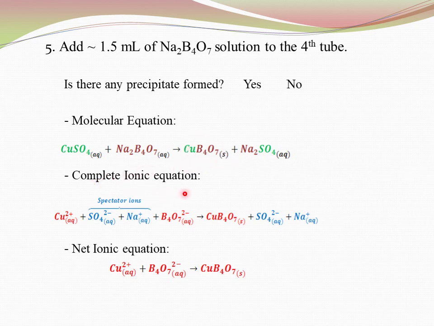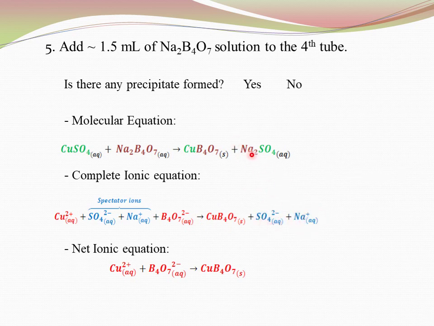Complete ionic equation. You have here one copper and one sulfate, copper, sulfate, plus sodium and borate ion, produce, this is the solid precipitate, and sulfate and sodium.